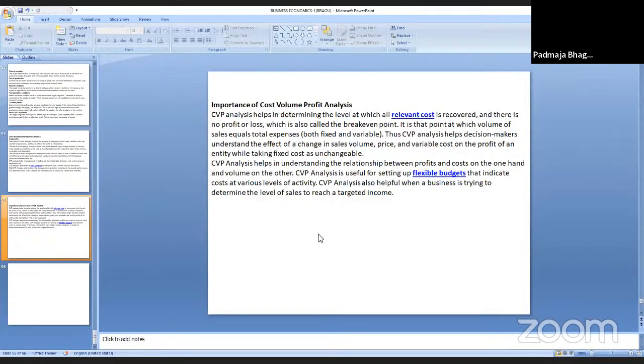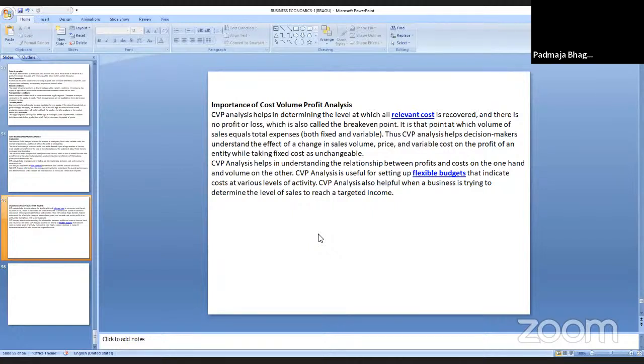So CVP analysis is very useful for setting up the flexible budget. Flexible means not rigid. Flexible means changes.